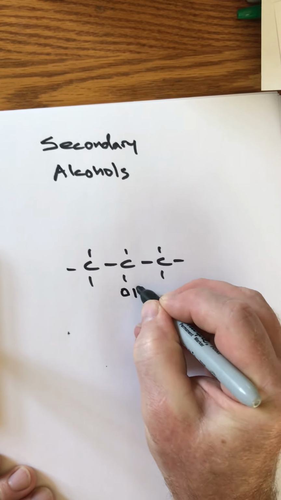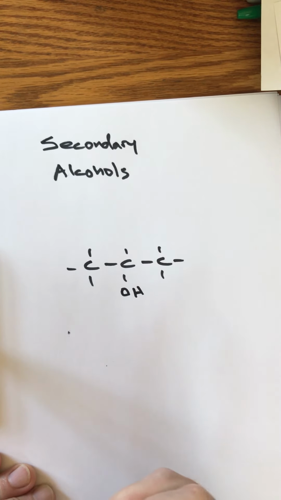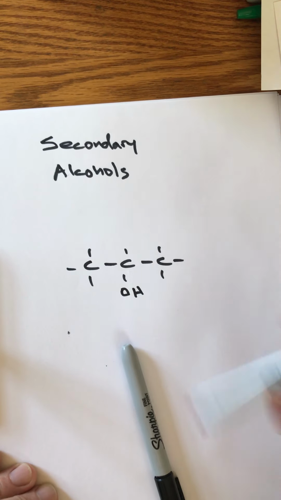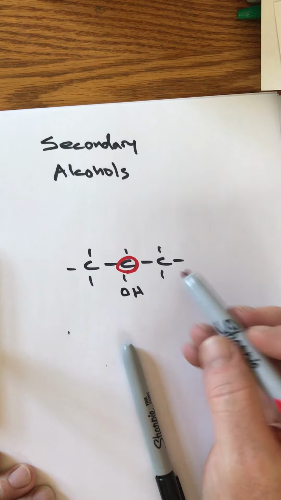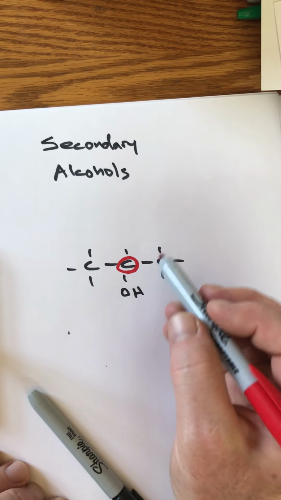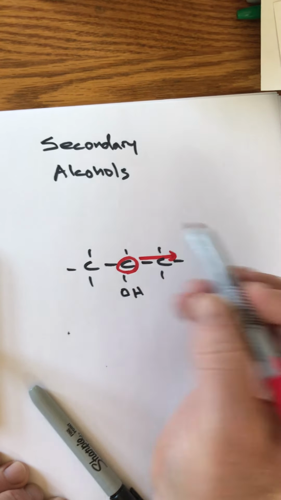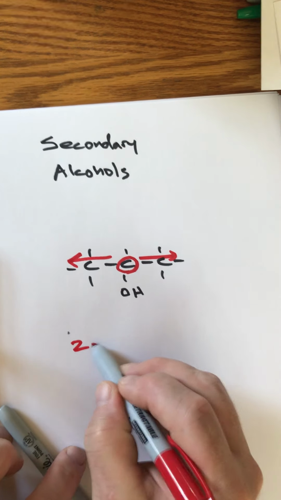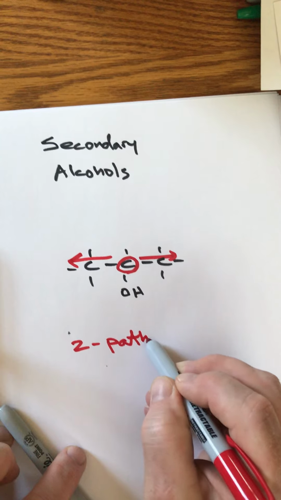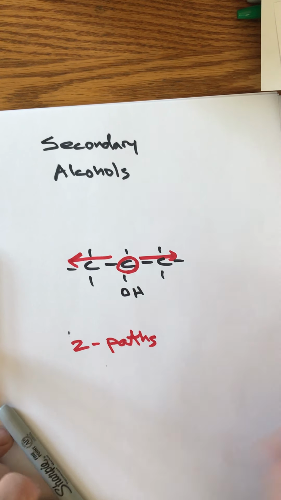But what if I put my OH here or here? If I look at my main carbon, that's an interior position. So my carbon chain continues this way and that way. 2 paths to continue the chain.